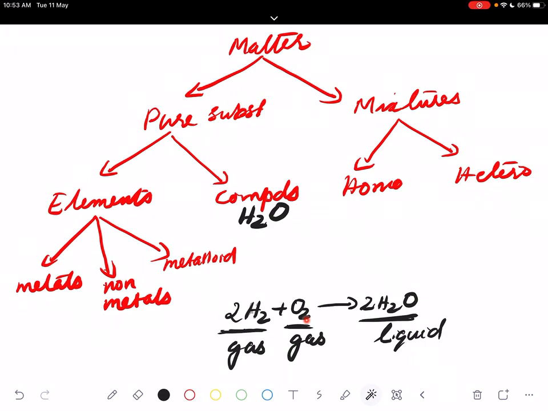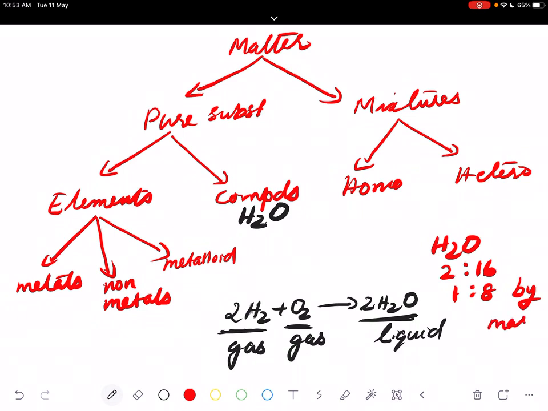If you check the weight ratio, H2O is 2 is to 16, means 1 is to 8 by mass.